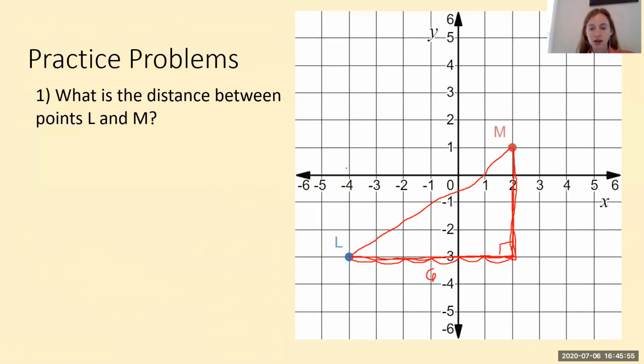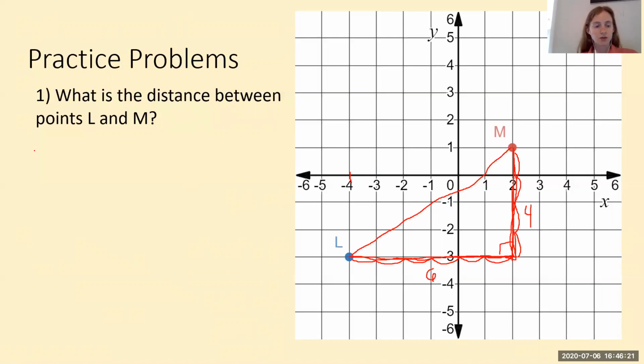You could see if you're paying attention to the x-axis here, the line is going from -4 to 2. So that's a span of 6. Okay, and then this other leg here, this vertical leg, is going from -3 up to +1. It's going up 1, 2, 3, 4 spaces.